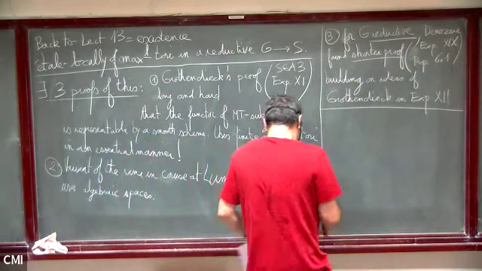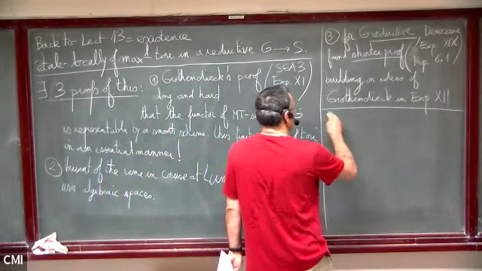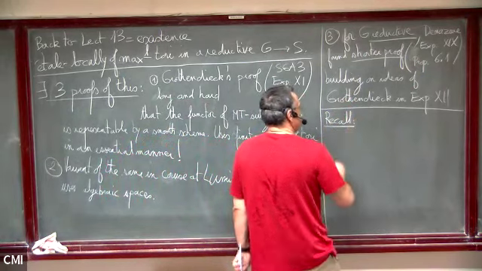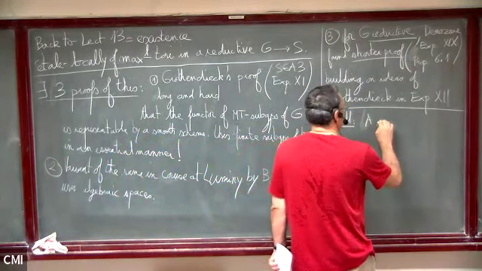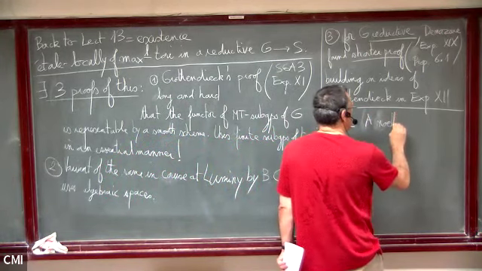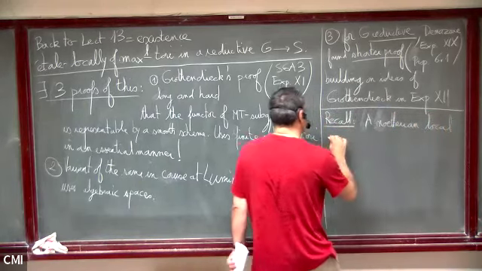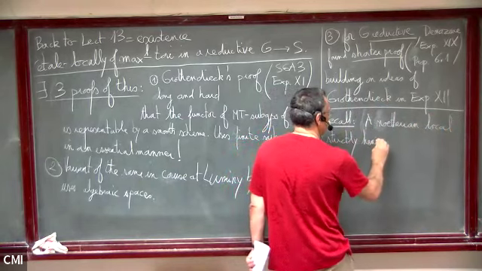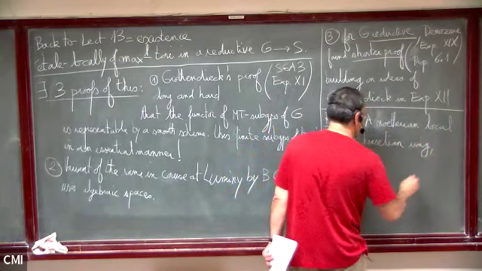Okay. So what did we do so far? Recall what we did last time. So we have a local Noetherian strictly Henselian ring.